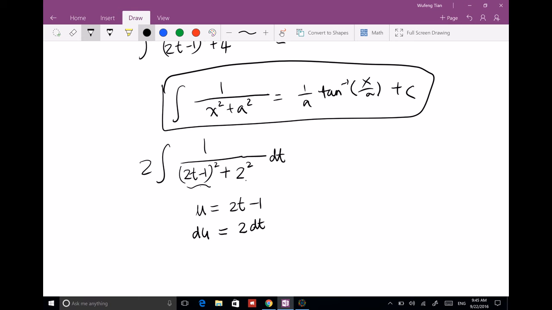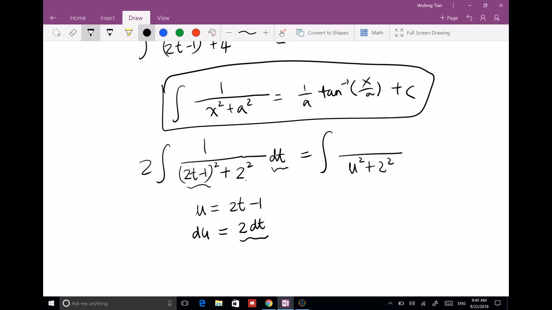Make sense? If I do this u substitution and plug it back, the bottom is perfect: u squared plus 2 squared. And the top: I need to change that dt into du. 2 dt is du.